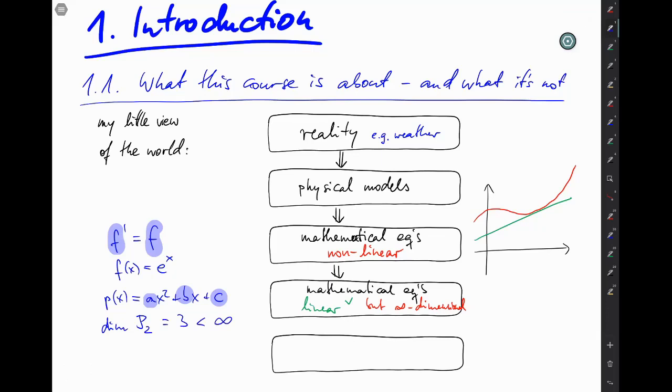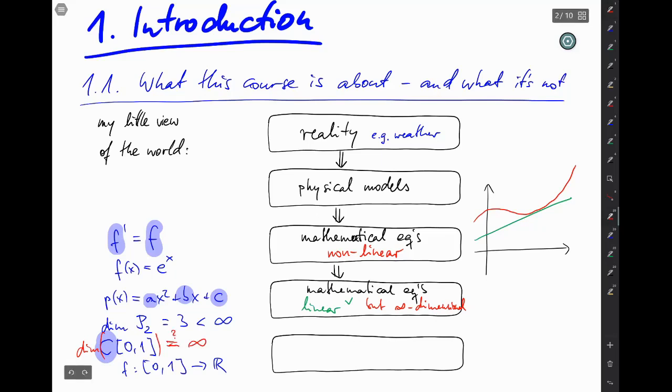Whereas if you look at the set C[0,1] consisting of all continuous functions f from the interval [0,1] into the real numbers, so C here is for continuous, then you would easily see that this is a space of dimension equal to infinity. Why is this so?